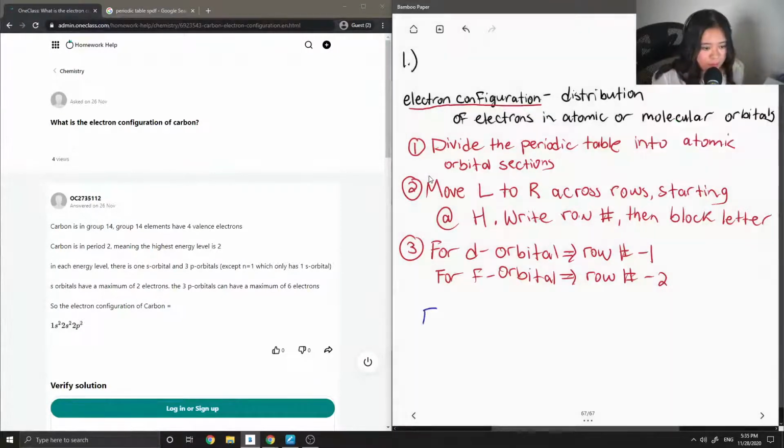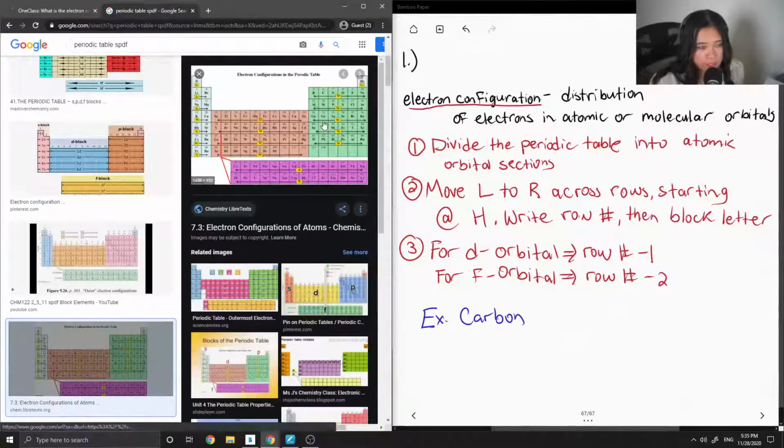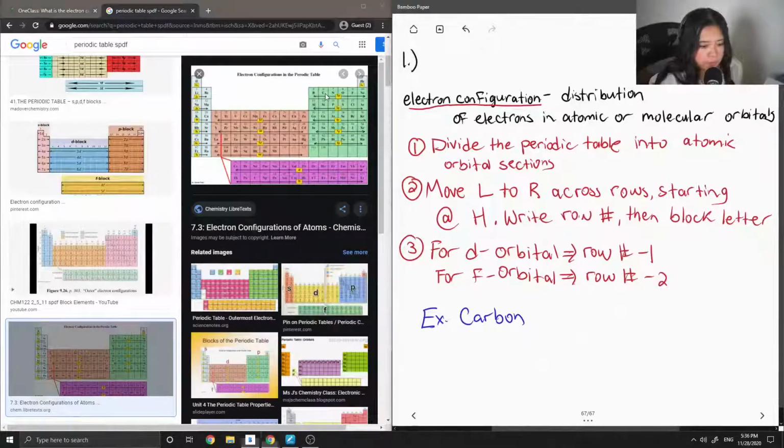Okay, so for example, for carbon, go back to the periodic table. First let's find carbon on the periodic table. It's right here where the mouse is. Starting from hydrogen and going from left to right, I first write down the row number.